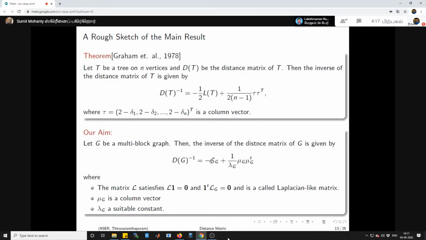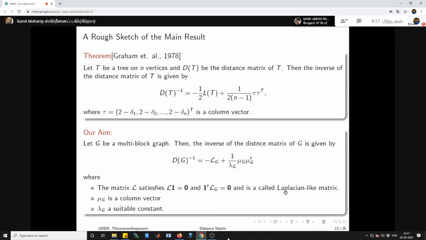What this L and the Laplacian share is that the row sum and column sum are 0. In this case also, the matrix coming in the inverse has row sum and column sum 0. That is the property shared by the matrices in this rank 1 perturbation form.